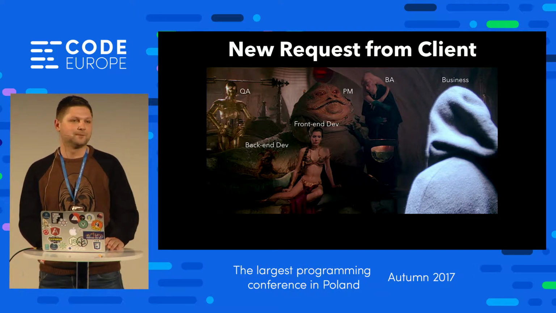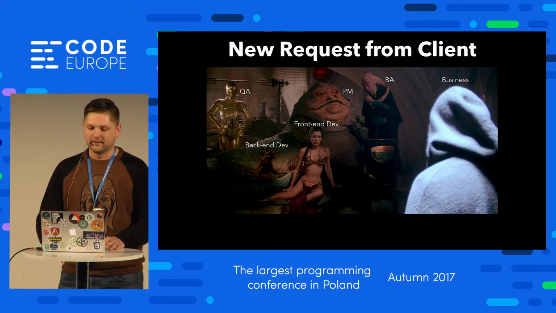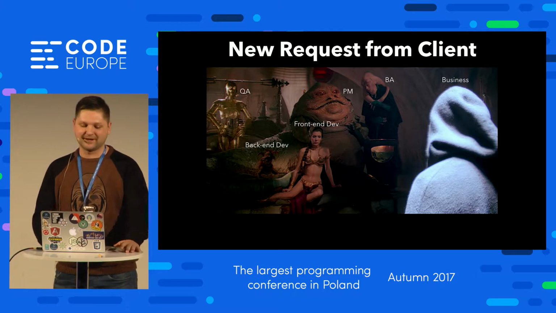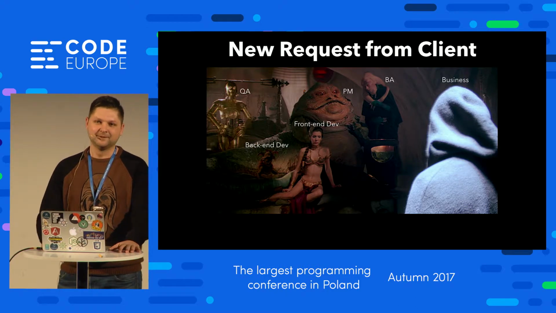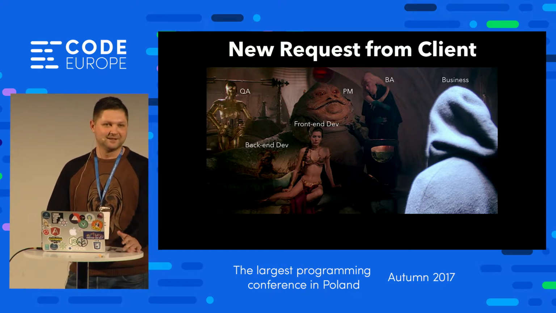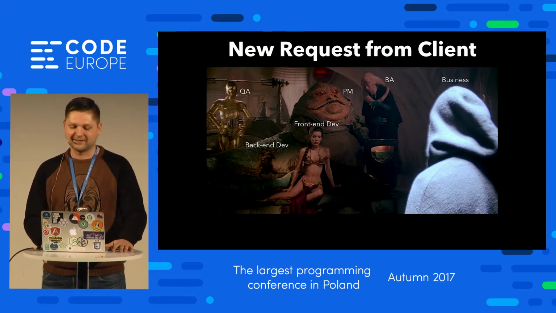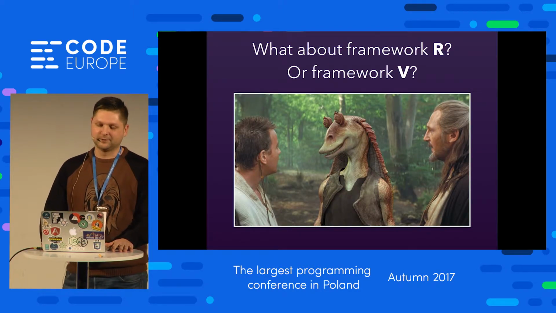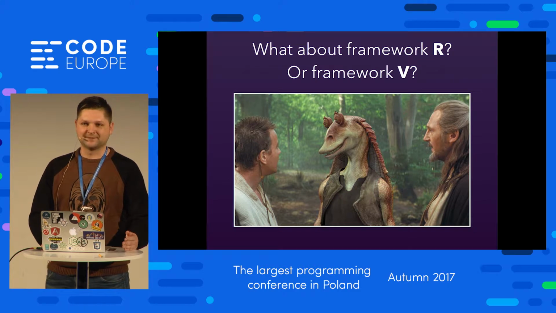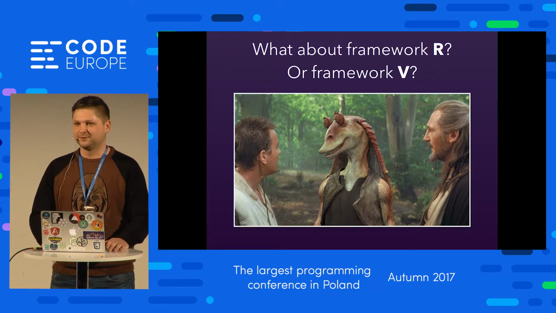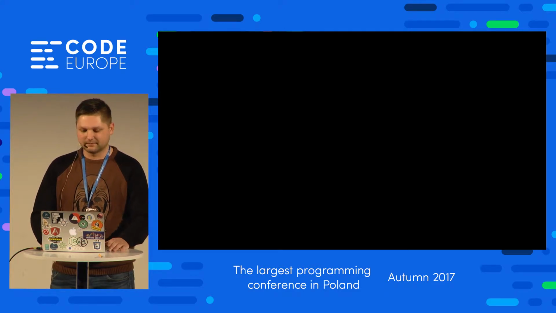No clear migration path coming. So this is the usual picture when business comes to a developer team with a new request. We have a BA to translate business ideas into some technical documentation and a project manager to give tasks to developers. And the developer's job is probably to implement what business needs.